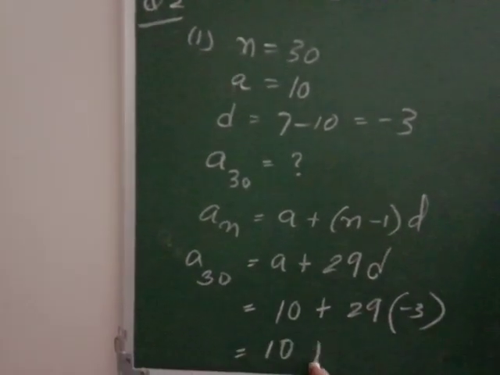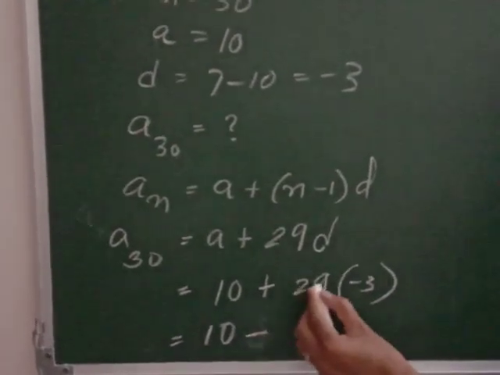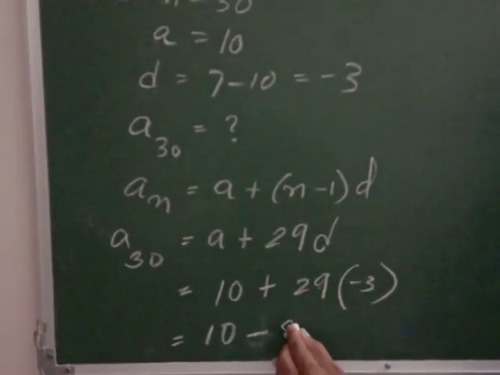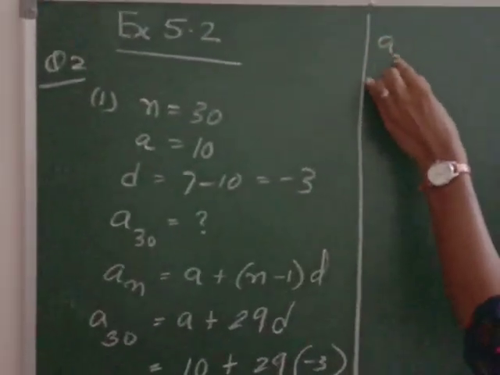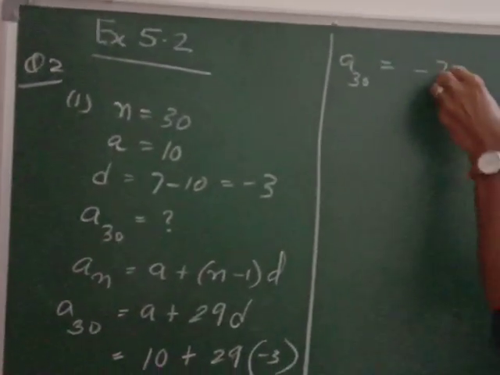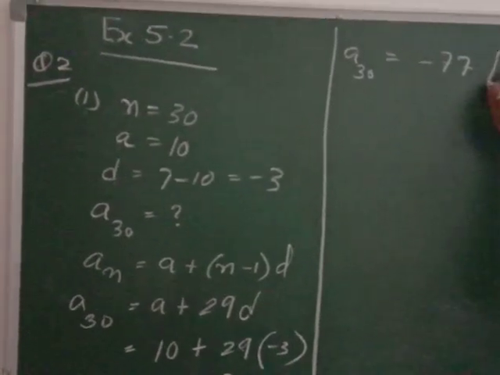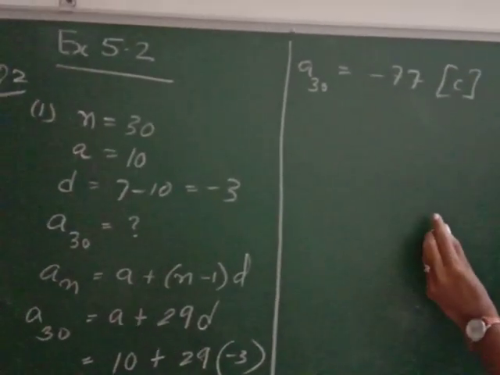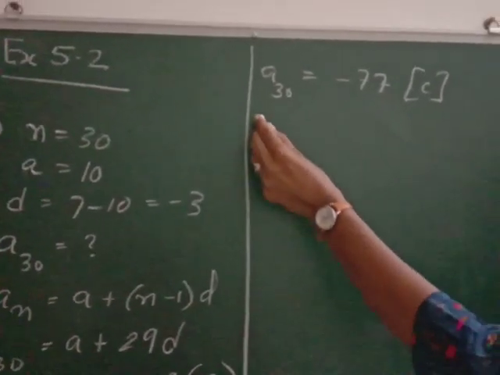So 10 plus, so plus minus, minus 29 into 3, that is 87. So my answer, that is my 30th term, is minus 77. So which option is correct? C option is correct. Similarly, you can do the second one by yourself. Now question number 3.